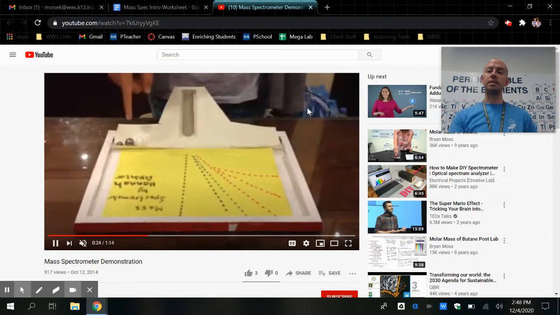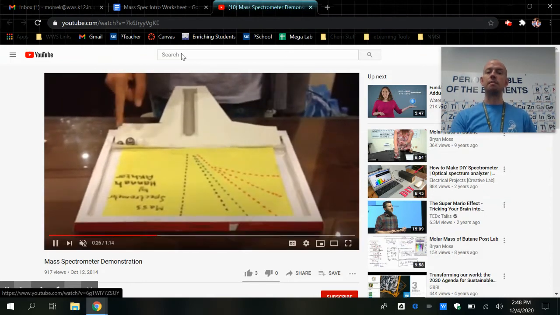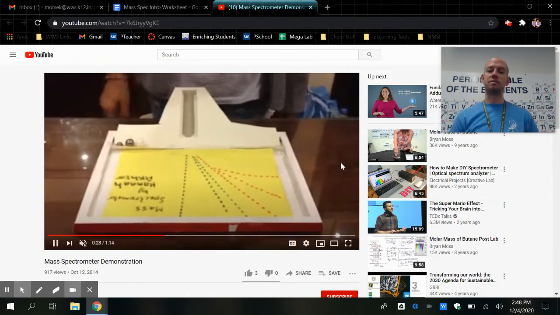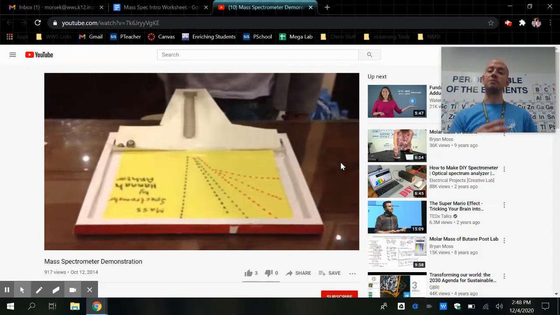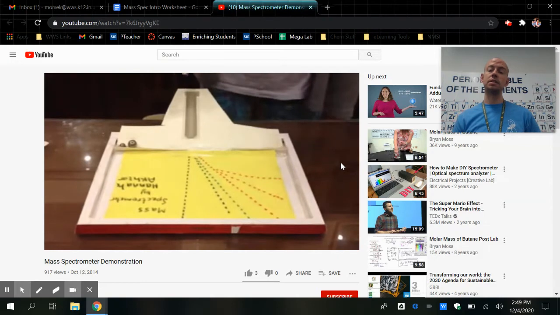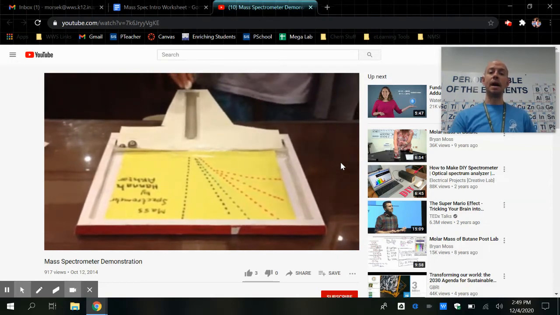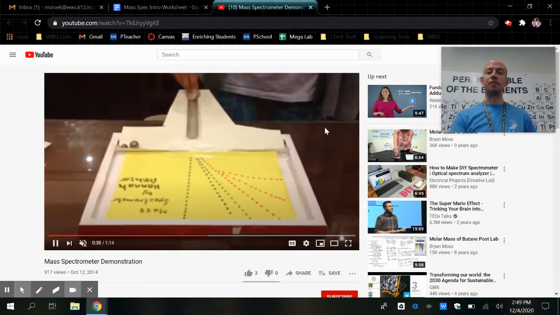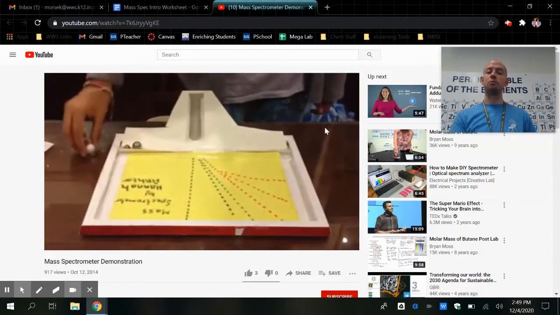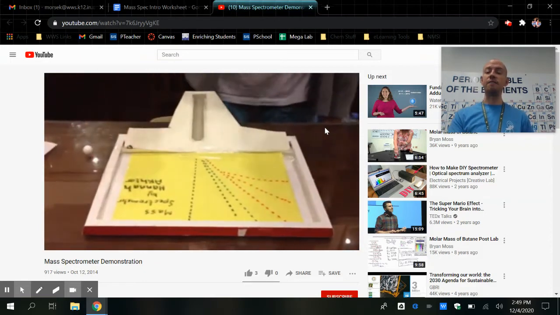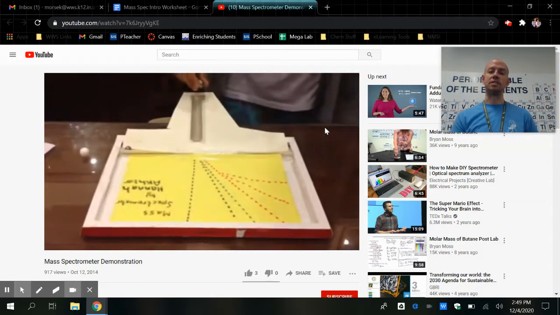So they've got magnets under here that cause them to take different paths because of that attraction. The ones that have a large mass and a small mass are both attracted to that magnet, but they're attracted differently. There's the one that is not attracted to the magnet. That was plastic.